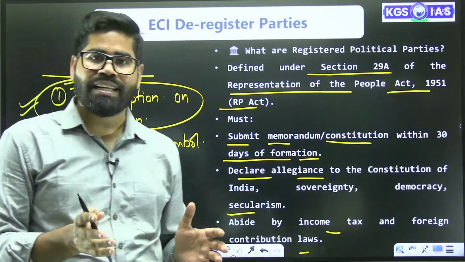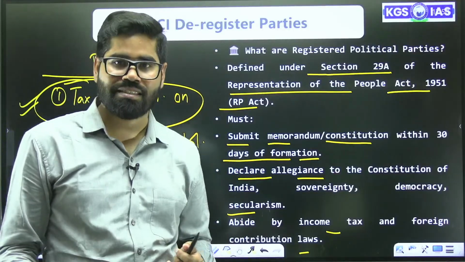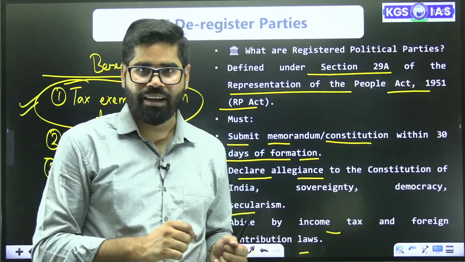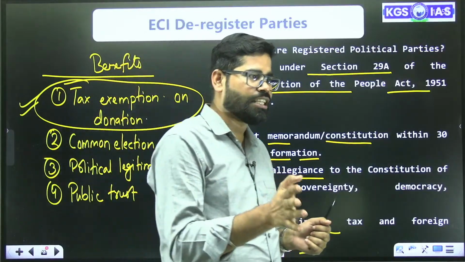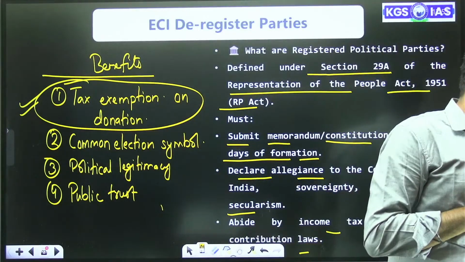So it is completely a fraud party. There is no party, it is only for tax exemption. That's why they have been delisted from the roll. I hope that part is clear.